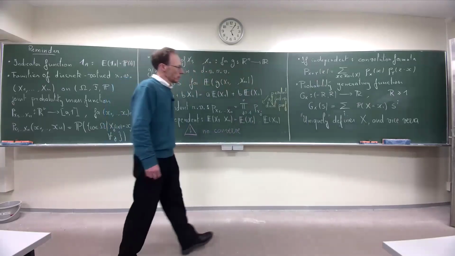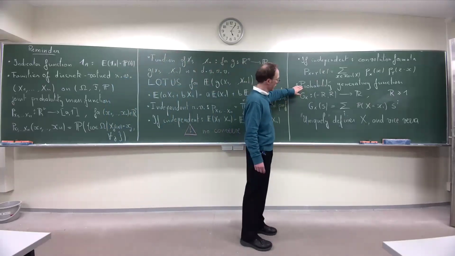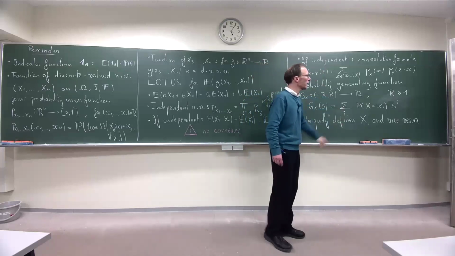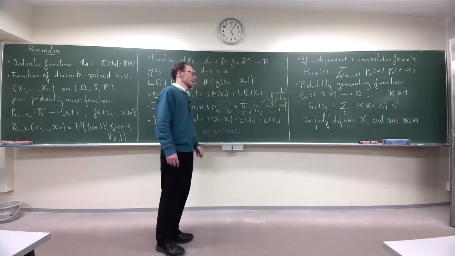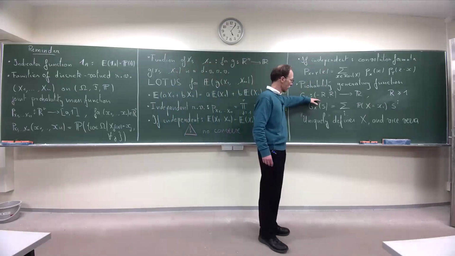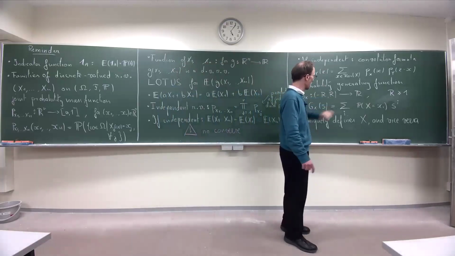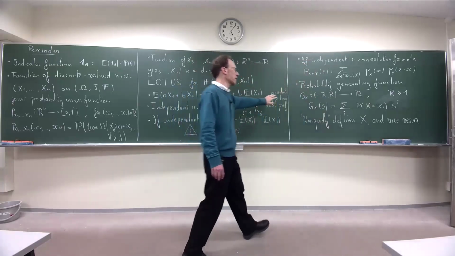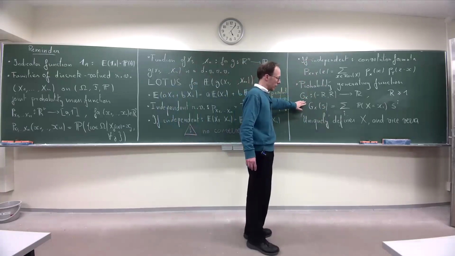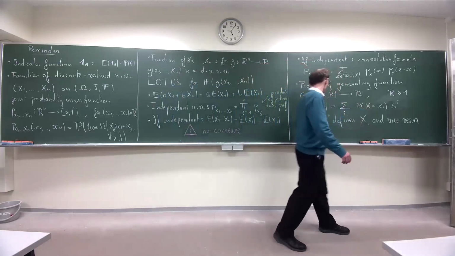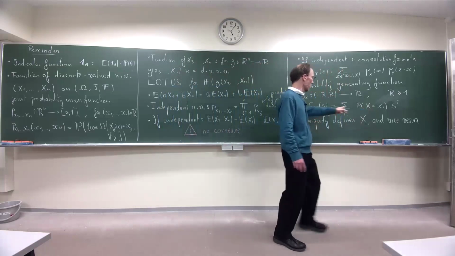And the last thing I introduced is this probability generating function. This is a function defined on a small interval around 0 with value in R. In fact, we have shown that it's not such a small interval because this R, which is called the radius of convergence, is at least 1. Because we define it with this formula. So what is the definition? We sum over all, so this is for a discrete valued random variable.